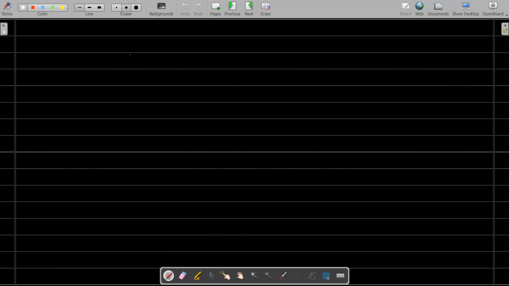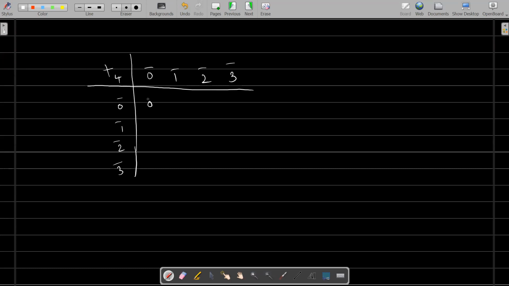So the easiest way is to form a Cayley table. So it's addition modulo 4. 0 bar plus 0 bar is 0 bar, 1 bar, 2 bar, 3 bar.